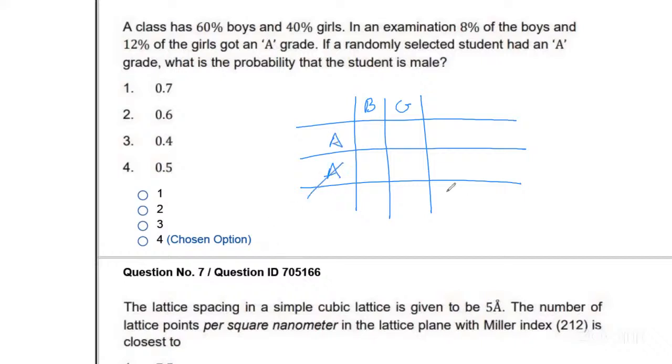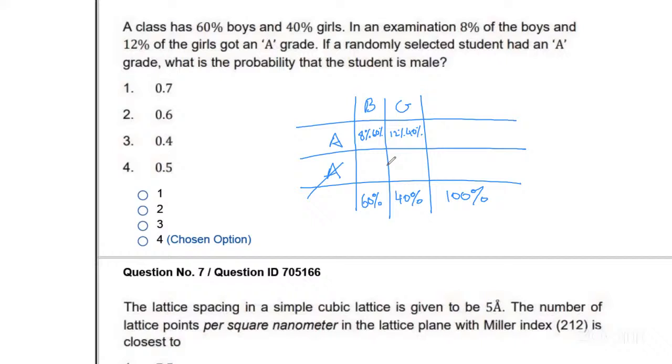Okay. So that is 100%, 60% boys, correct, and 40% girls. 8% of the boys, so 8% of 60%, and 12% of the girls, so 12% of 40%, had an A grade.